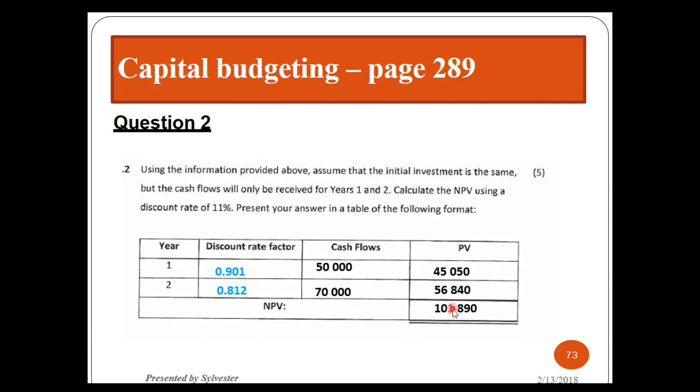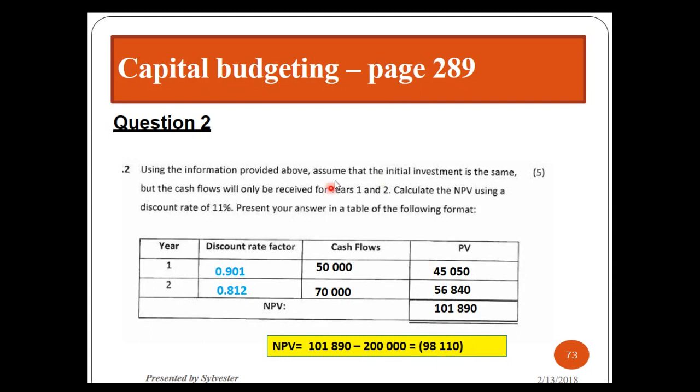So when I take this present value and subtract that 200,000, that will give me the net present value. This is how it would look. I'm going to take my present value of 101,890 and minus the initial investment of 200,000. So our net present value at the moment is a negative 98,110, which is not a good thing because we are getting a negative.